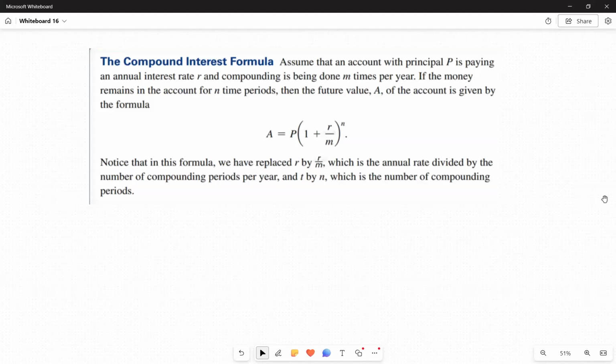The amount is the principal times 1 plus the interest rate over the number of compounding periods, raised to the total number of compounding periods. So n is the same as m times t, where t is the number of years.